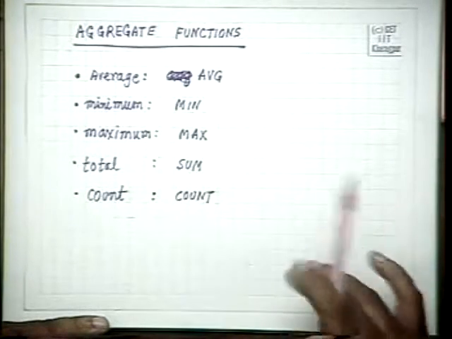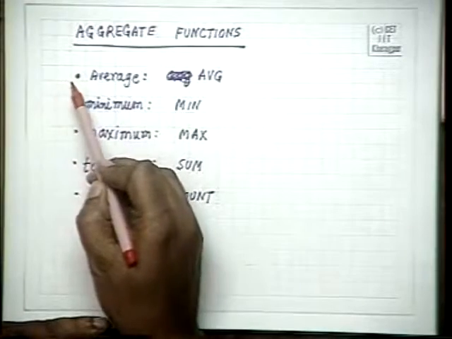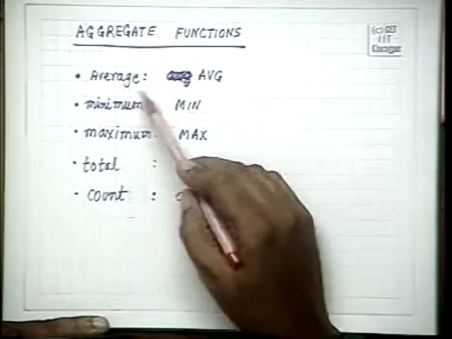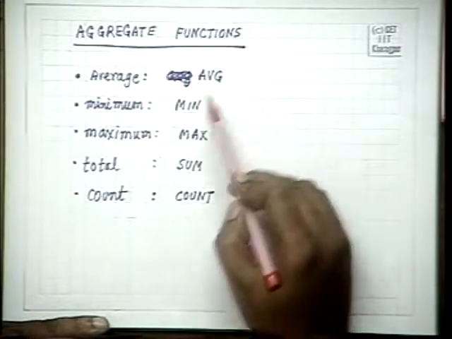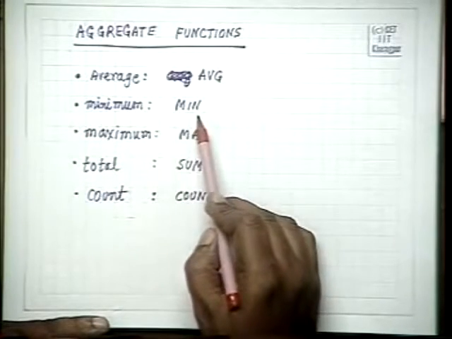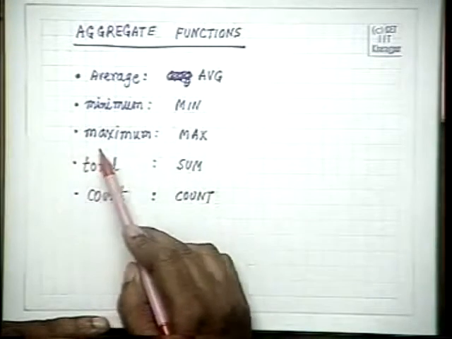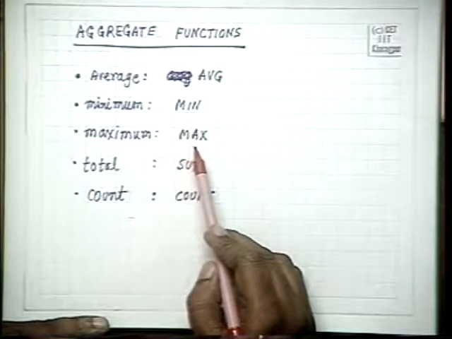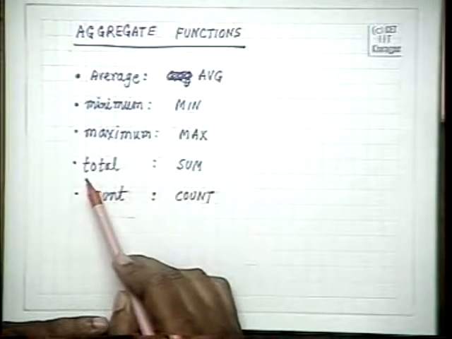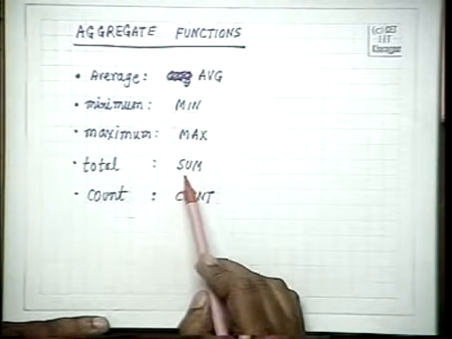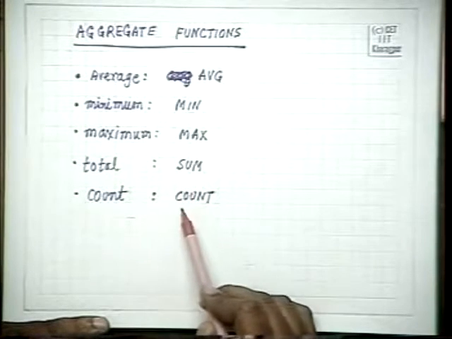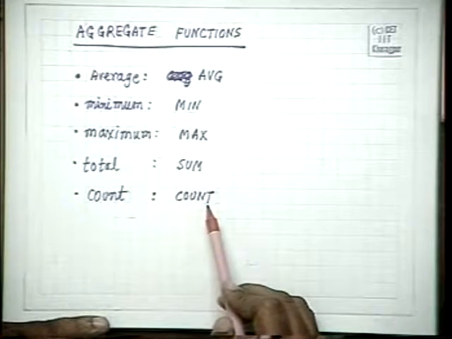Some of them are the average function, denoted by AVG, the minimum function, denoted by MIN, the maximum function, denoted by MAX, the total function, denoted by SUM, the count function, denoted by COUNT.